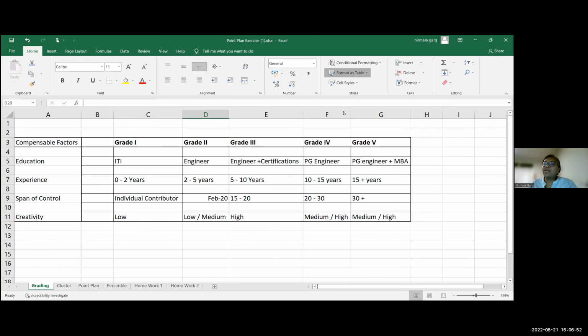Now, how do you actually determine compensable factors? Typically, compensable factors are derived from the organization's values, culture, strategy, etc. Now, if you identify a compensable factor which does not vary across the jobs in the organization, does it still remain a compensable factor?